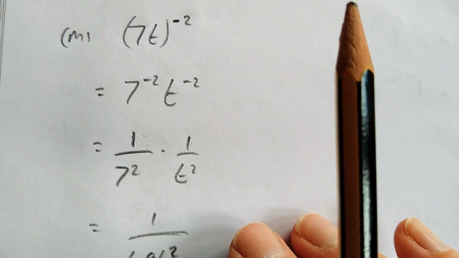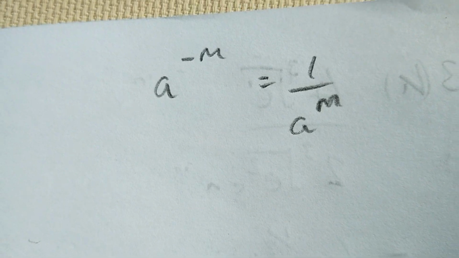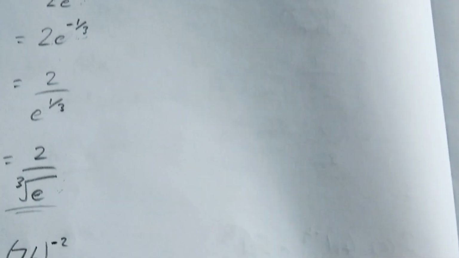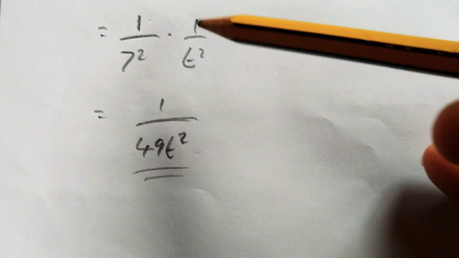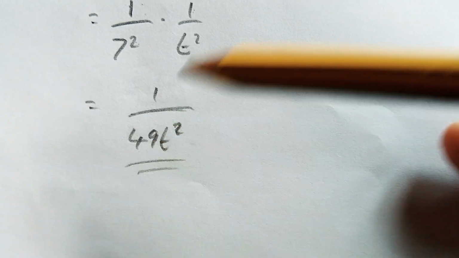Again, we are using that rule there, which we were using in 2j to move the powers down to the bottom. And then 7 squared is 49, t squared is still t squared, so it's just 1/49t squared.